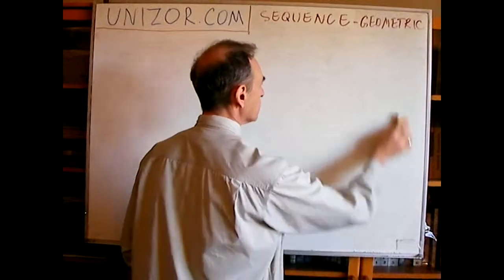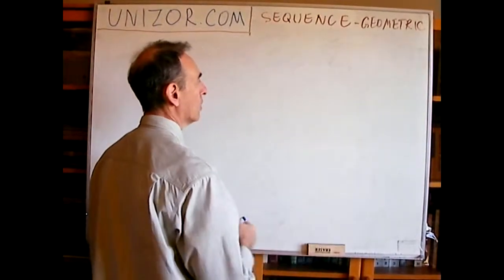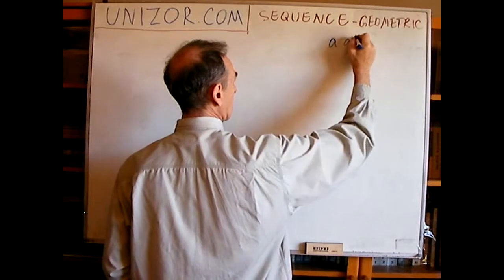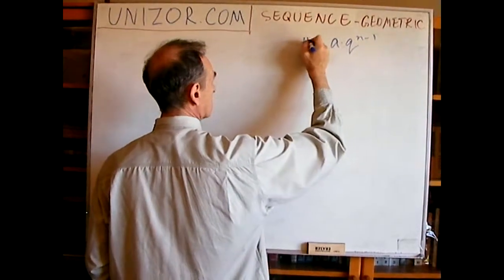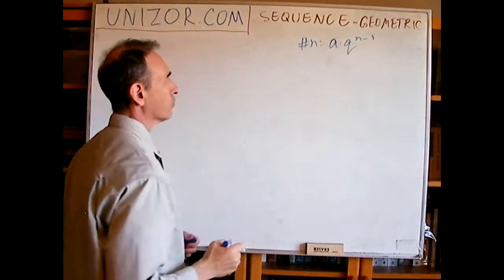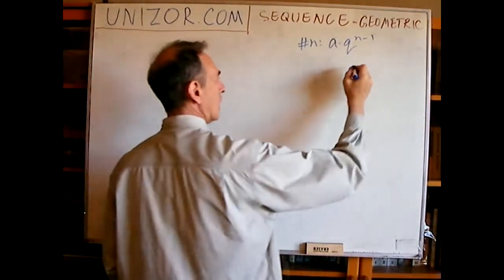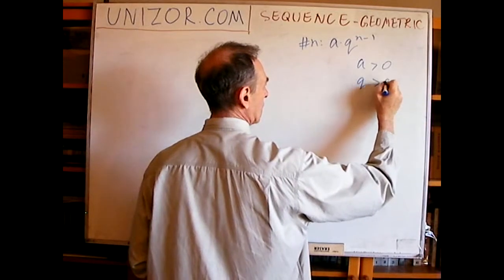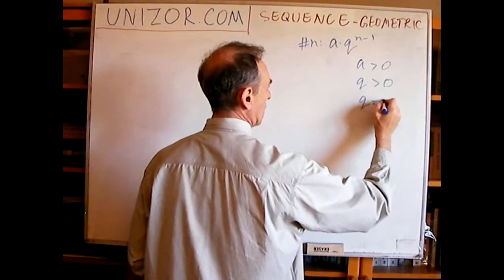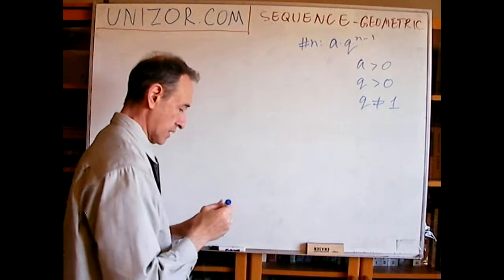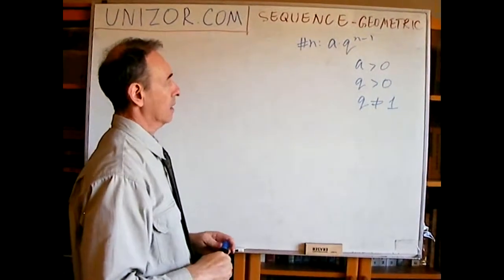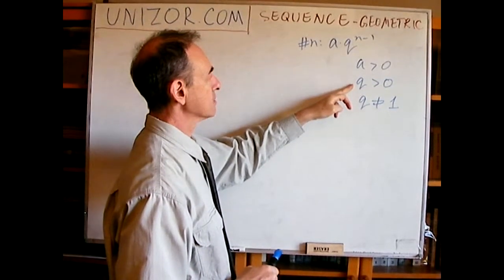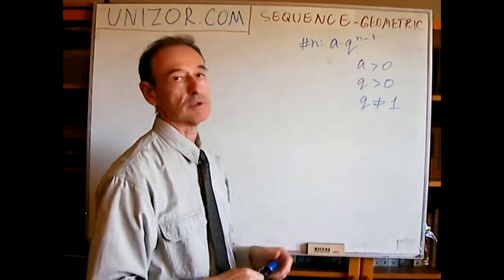And again, let me just assume right now that this is the general formula for geometric progression, and let's assume these three things: the positive first member, the positive quotient, and the quotient is not equal to 1.